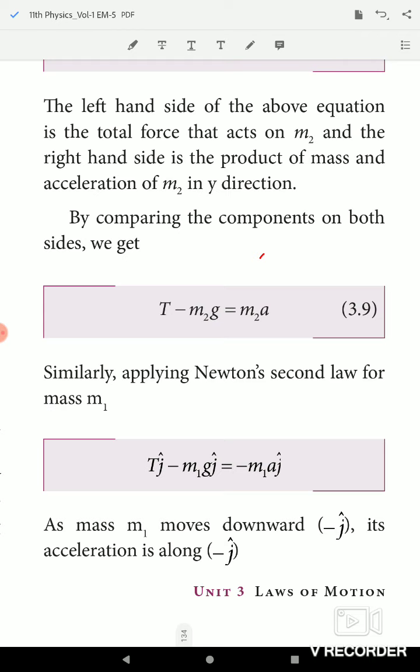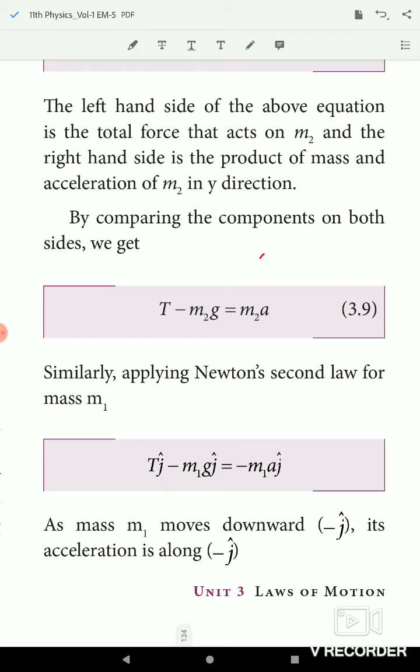Similarly, the second law is applied to mass M1. So T j cap minus M1g j cap equals minus M1a j cap, because mass M1 moves downward.